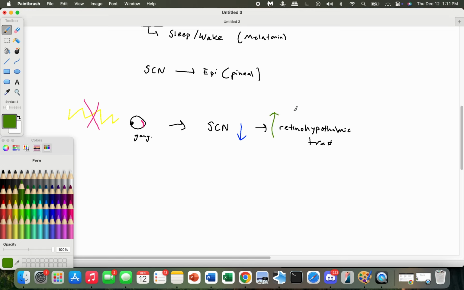And if you have the disinhibition of the retinohypothalamic tract, this allows the superior cervical ganglion, so let's just write that in there, superior cervical ganglion, to release norepinephrine.